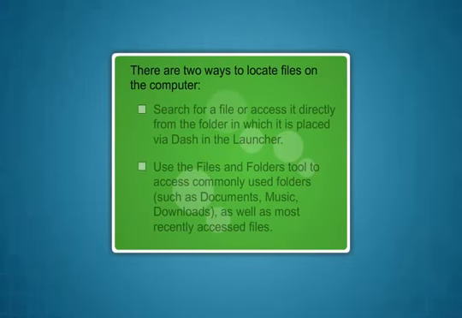There are 2 ways to locate files on the computer. Search for a file or access it directly from the folder in which it is placed via Dash in the launcher, or use the Files and Folders tool to access commonly used folders as well as most recently accessed files.